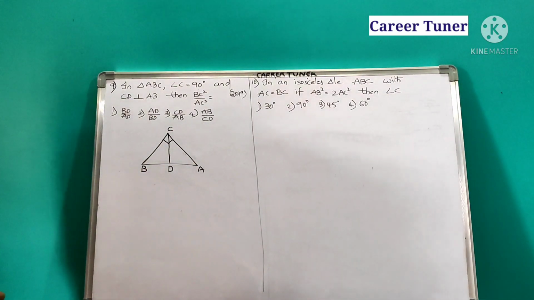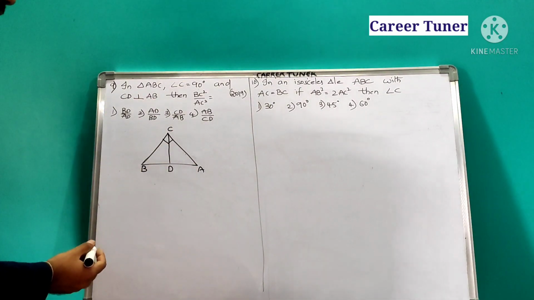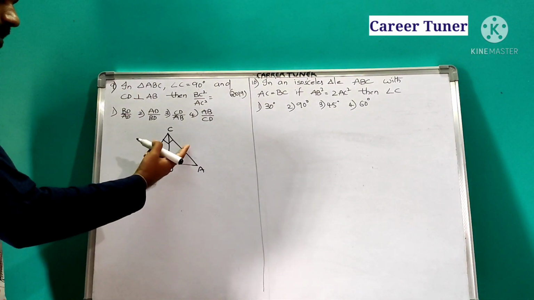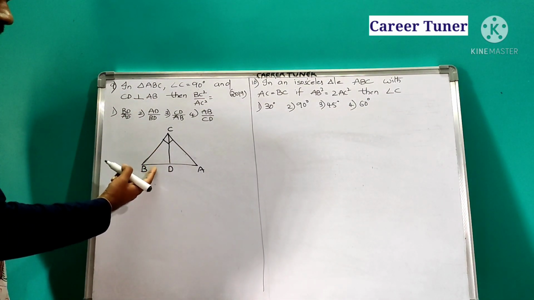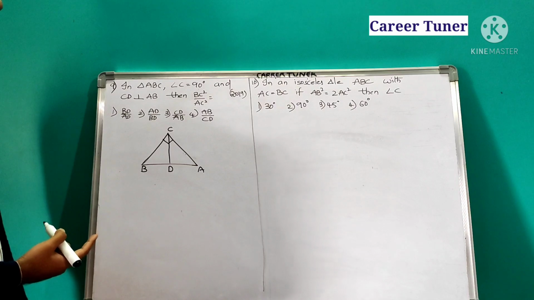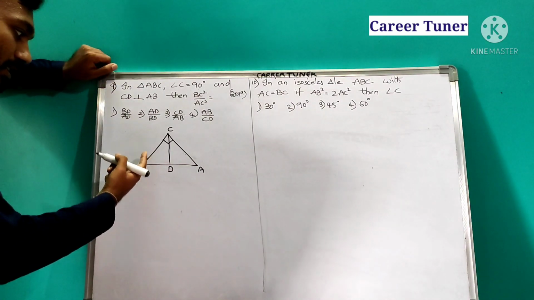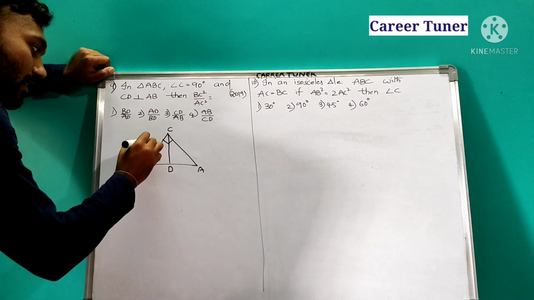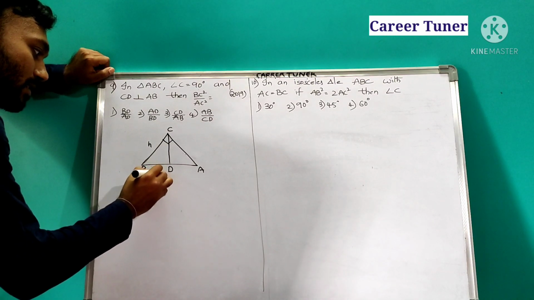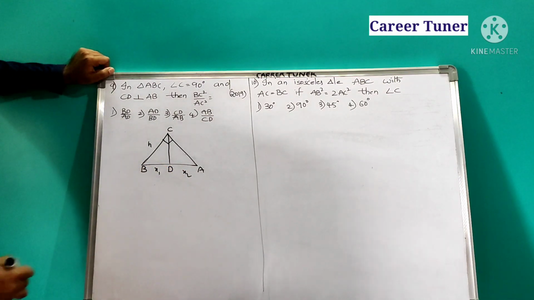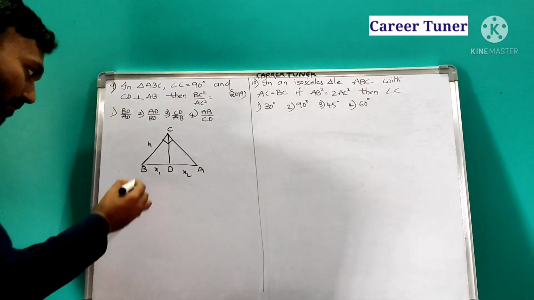Now lastly we have solved a problem like this. Where we have seen this as h, and this as x1 and x2, what are the conditions we have seen here? Imagine here it is h and this one is x1 and x2. Then what was the answer we have written?